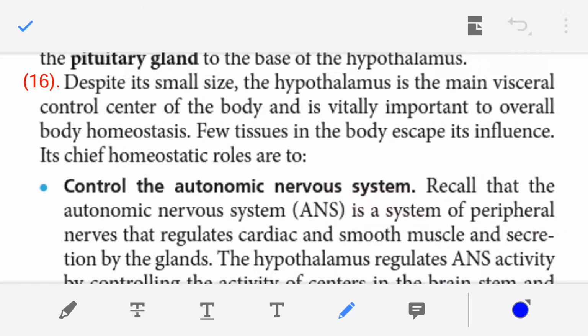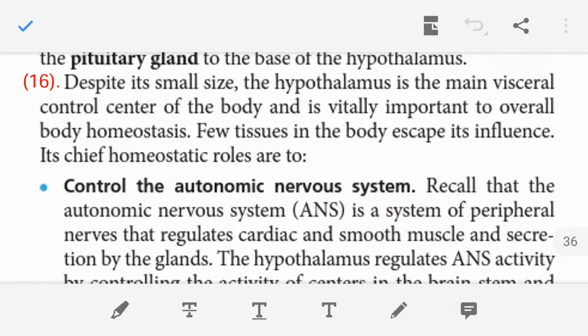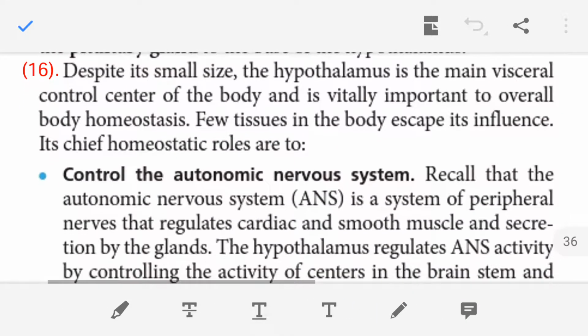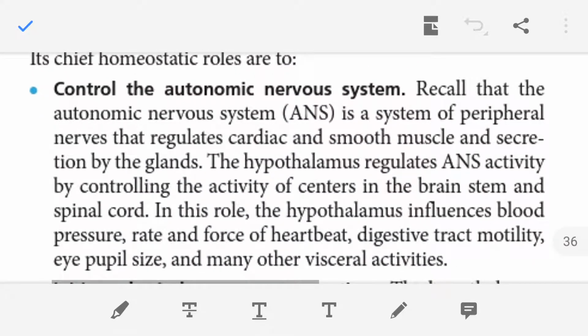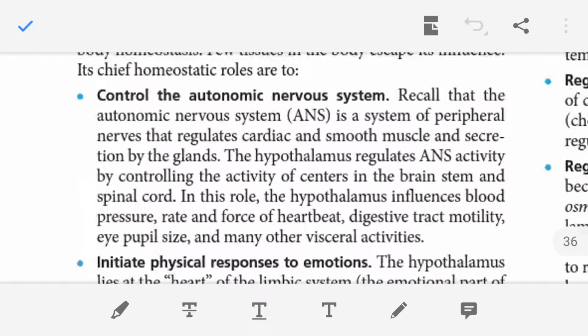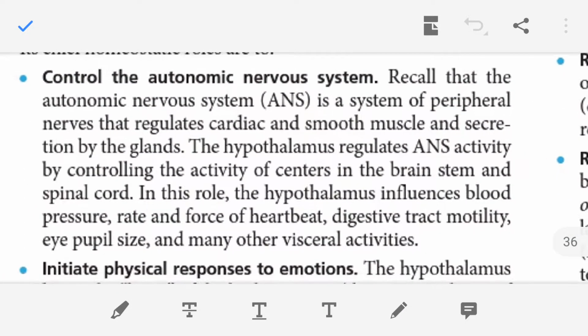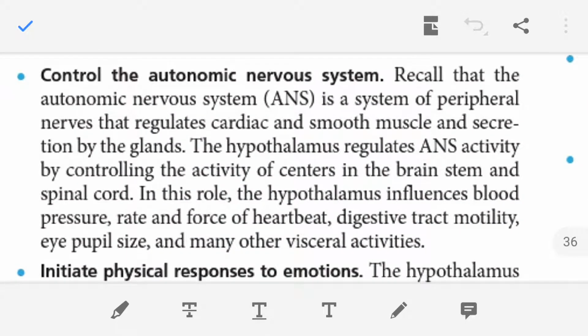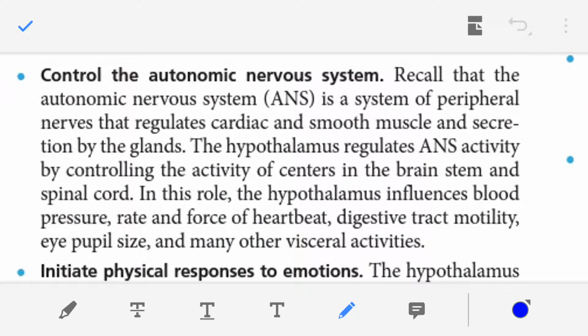Now a few tissues in our body are not under the control of the hypothalamus; they escape its influence. Even then, the hypothalamus plays a very important and useful role. So which are the functions of the hypothalamus? One is to control the autonomic nervous system.